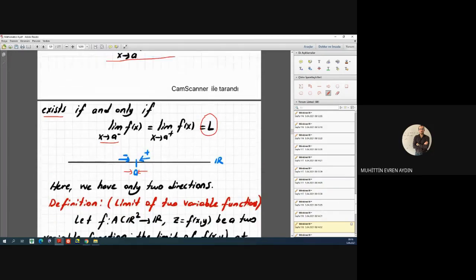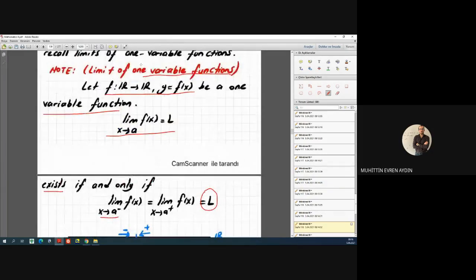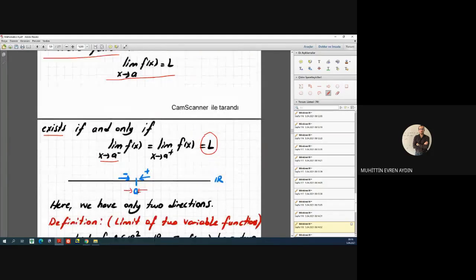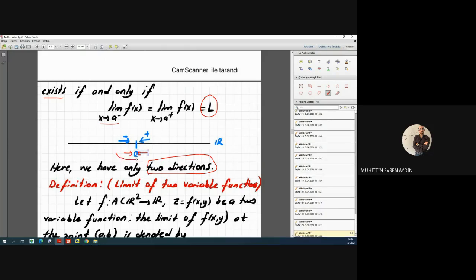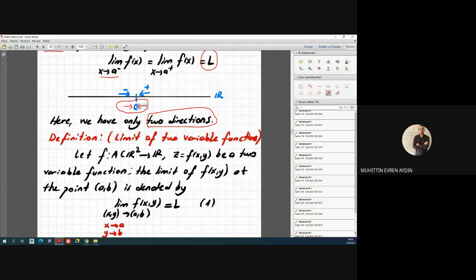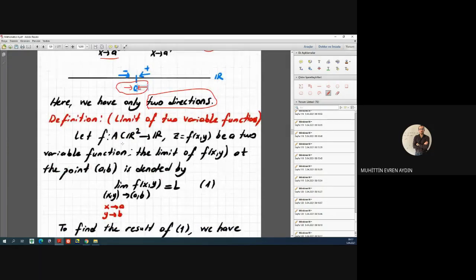In the special case of one variable functions, we have only two directions, which means that determining the limit at any point a is simple, but in our case it is a bit complicated.